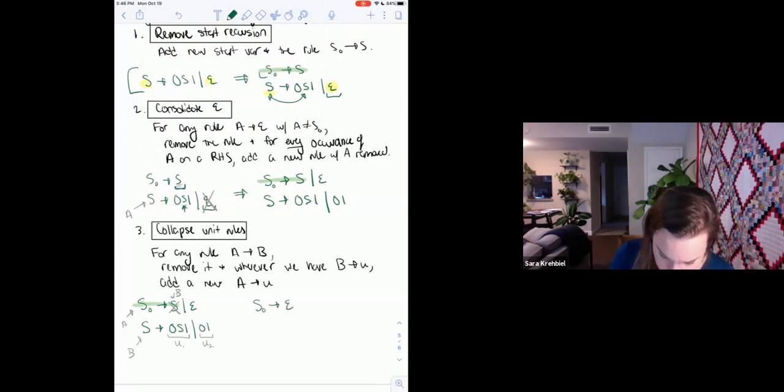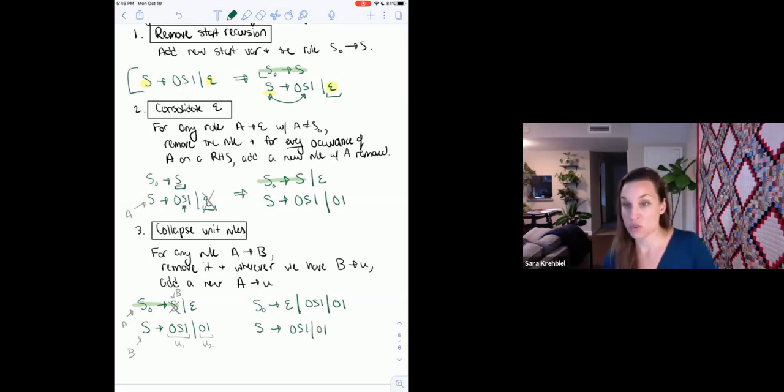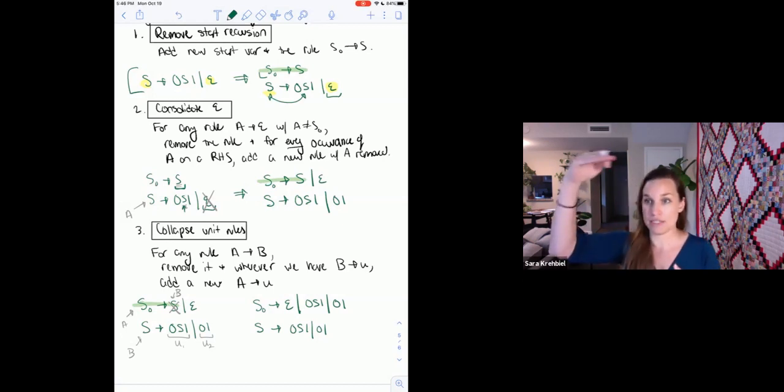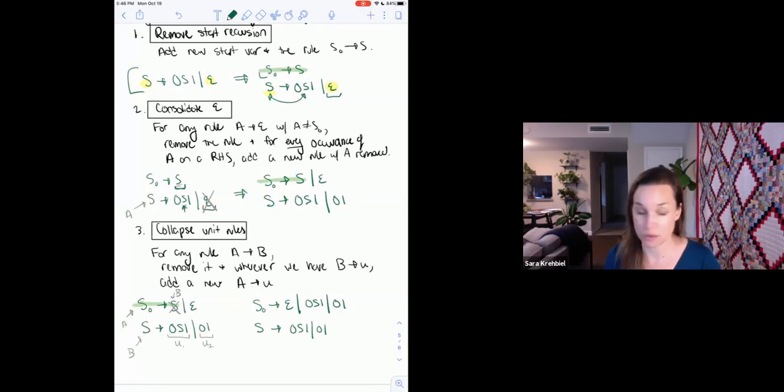The B to U1 is going to stay there, but we're also going to have our A go to U1. So all of these things that S could turn into, S naught can now turn into, but S can still do them too. Basically we're saying the first step of what S was doing before, now S naught is able to do directly. And so now we don't have any unit rules anymore.